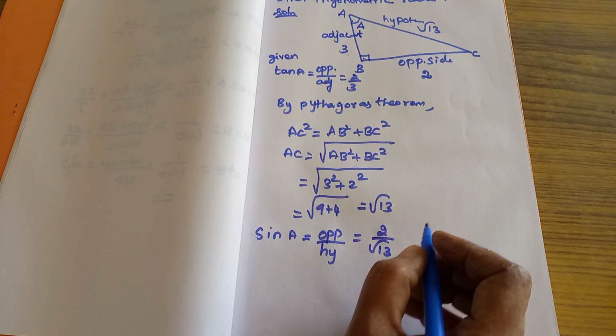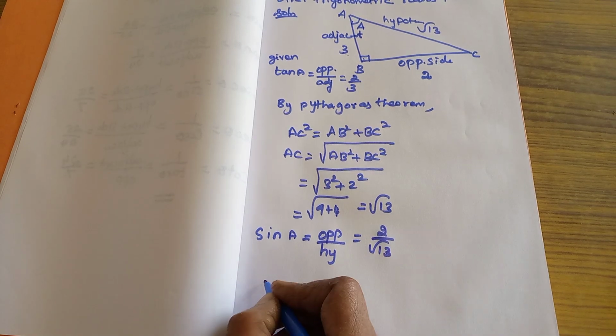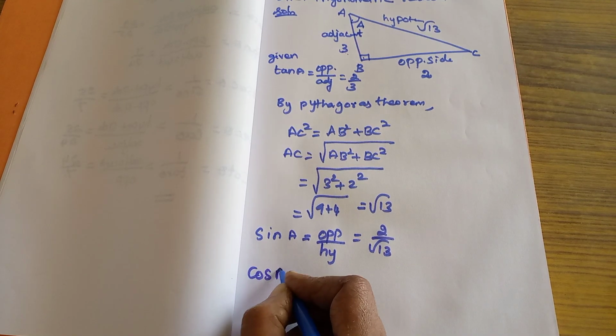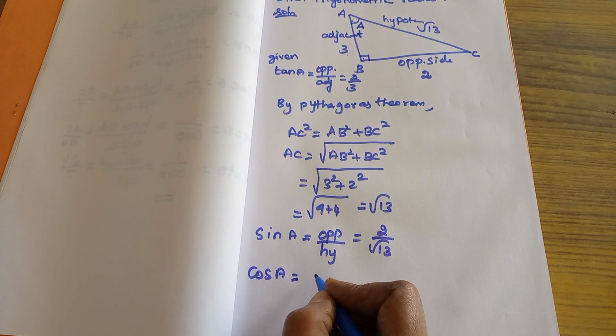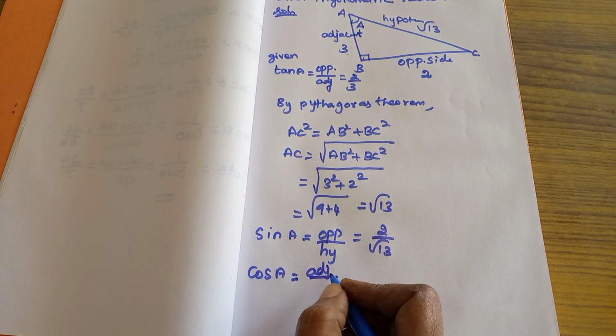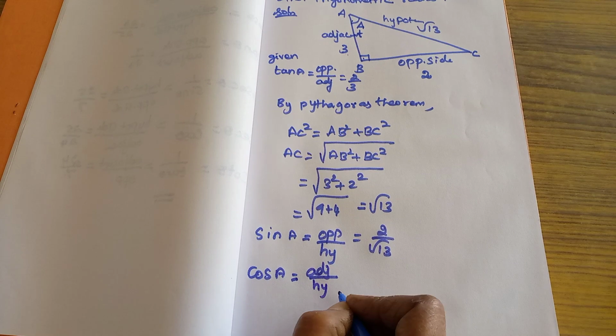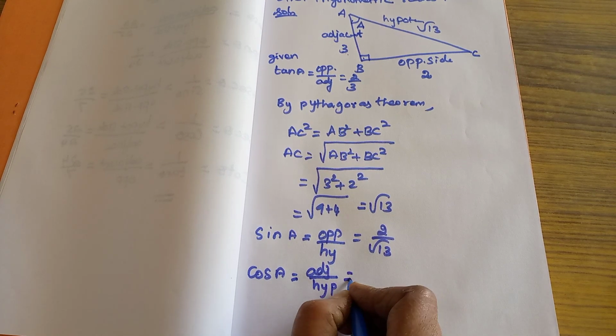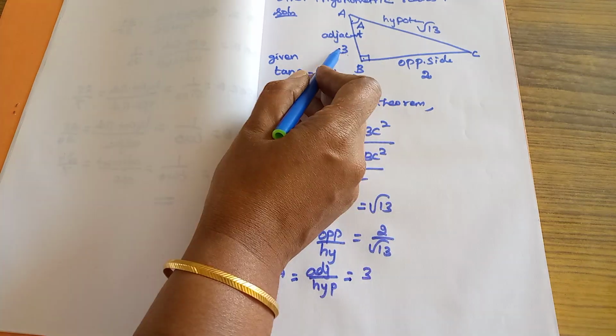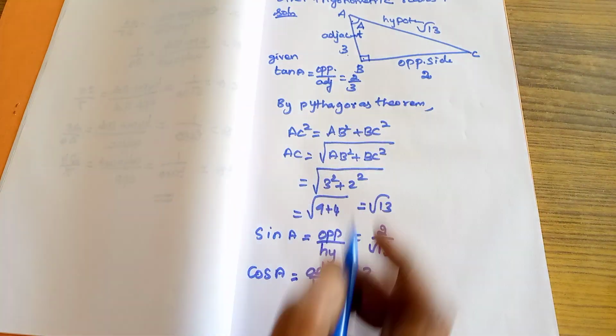Next cos A. Cos A is adjacent side by hypotenuse side. The adjacent side is 3, so 3 by root of 13.